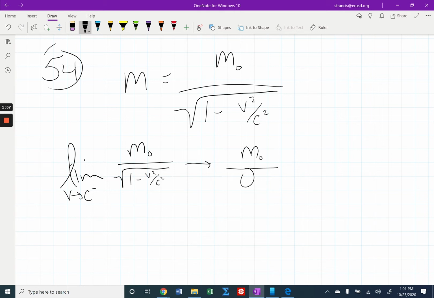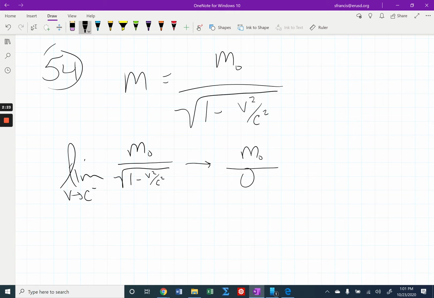Since m is mass, that's going to be a non-negative number. So in this case, it's going to be positive. And if you remember the definition of the square root, its full name is the non-negative square root. And so the denominator is non-negative and getting closer to 0, so it's going to be a positive over a positive number. And so that'll be going off to positive infinity.